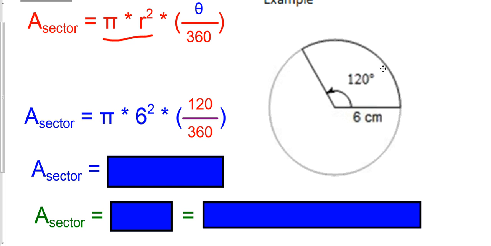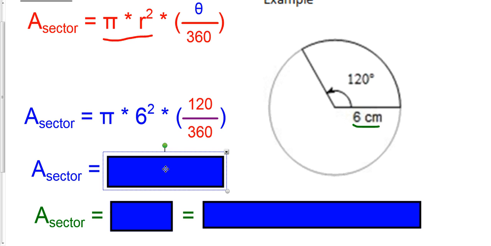So this is 1/3 of the area of the circle. So we just plug everything in. We say pi times, instead of r squared, we know that our radius is 6 centimeters. So pi times 6 squared. We want only 1/3 of it, or more specifically 120/360ths of it. But that will reduce to 1/3.